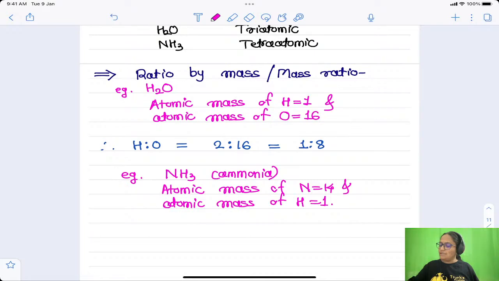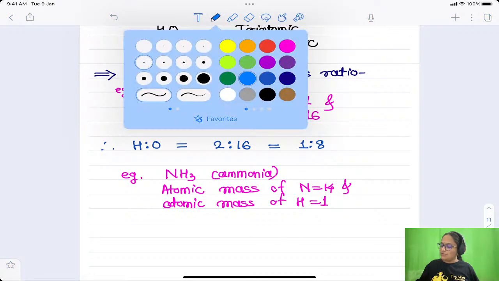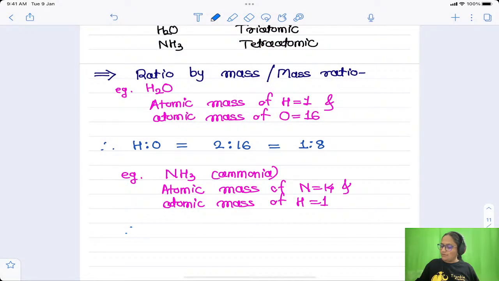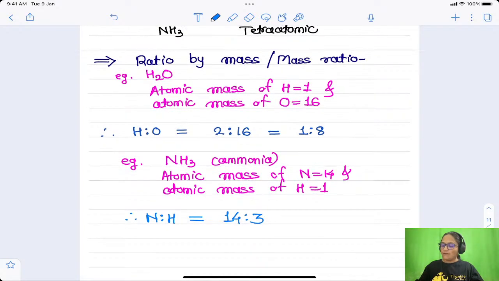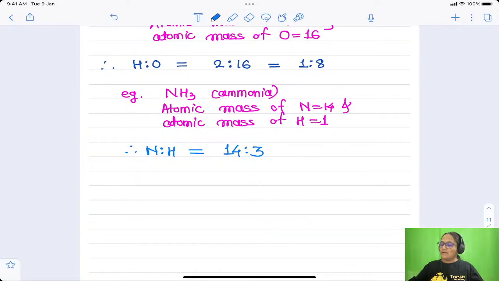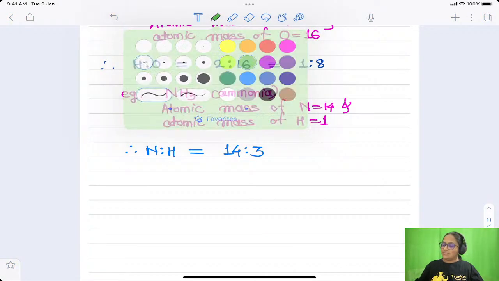Therefore, what will be the ratio? Nitrogen to hydrogen ratio is equal to 14 to 3, right? 14 because only 1 nitrogen, 3 because 3 hydrogens are there. This ratio cannot be further simplified. Therefore the mass ratio is equal to this.